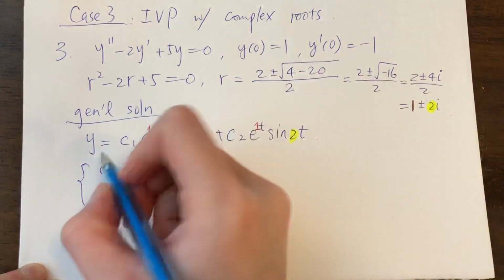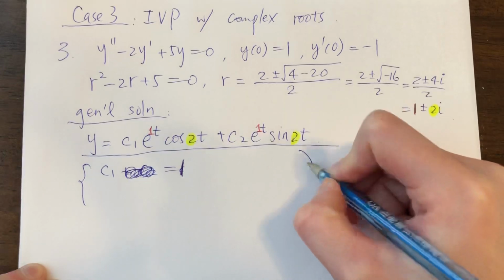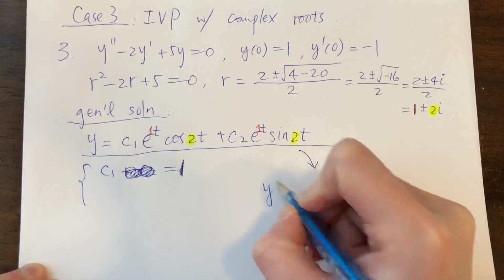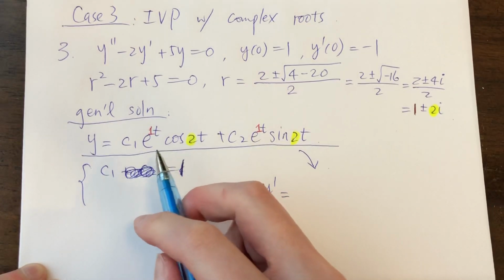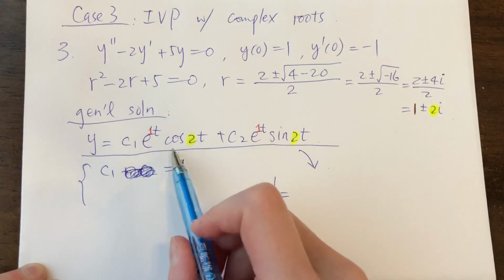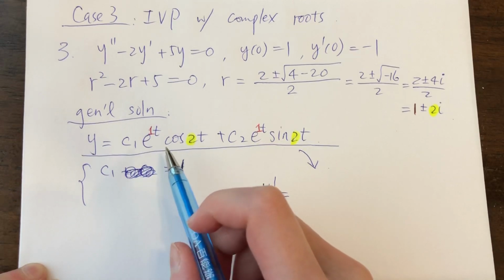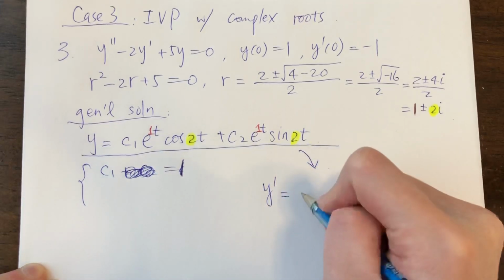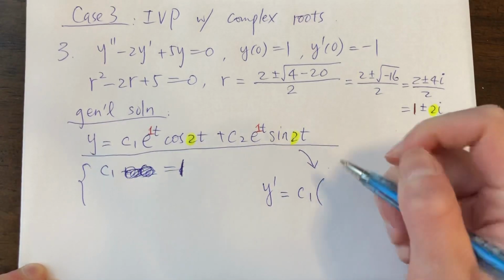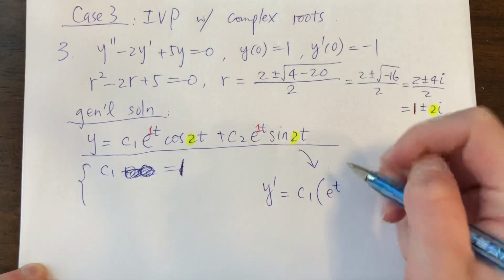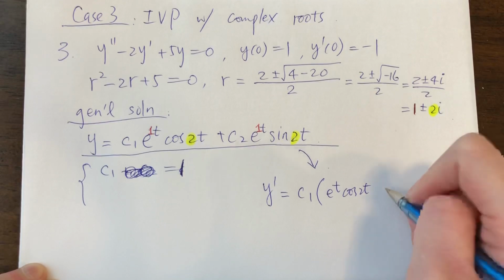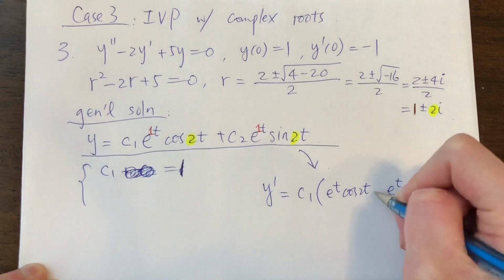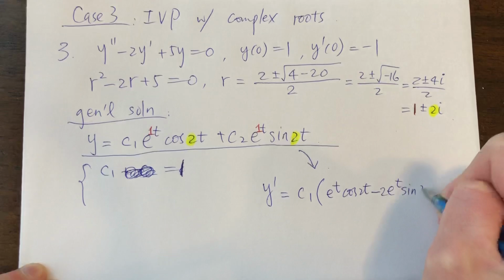So let me draw an arrow. For y prime, this time it's a little kind of trouble to take the derivative because you need to use the product rule twice. But let's do that. So you have e to the t cosine 2t, and then negative 2 sine 2t, right?